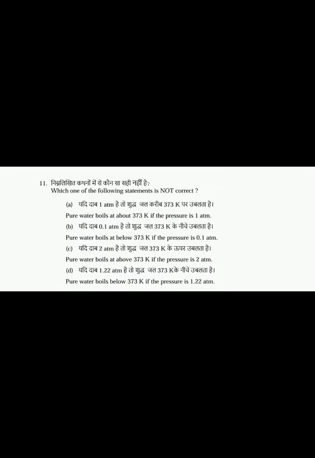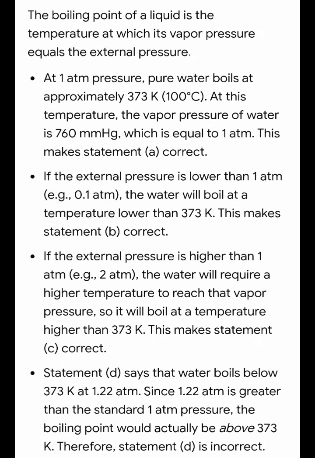Next question is, which one of the following statements is not correct? At 1 atm pressure, the pure water boils at approximately 100 degrees Celsius, that is 373 Kelvin. At this temperature, the vapor pressure of water is 760 mmHg, and this is equal to 1 atm. So option A is a correct statement.